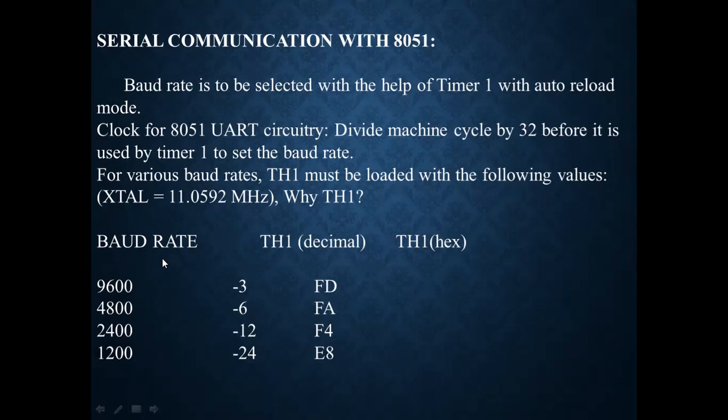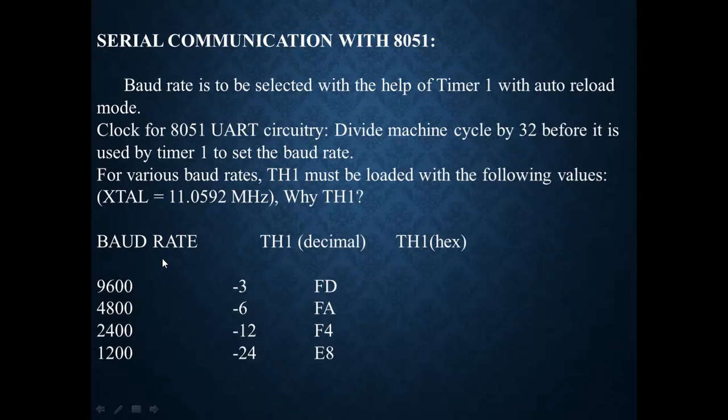Now for the baud rate of 9600, this value is -3, that is FD. How FD? The 3 needs to be converted to 2's complement form, so the 2's complement of -3 is FD. Similarly for 4800, 2400 and 1200.